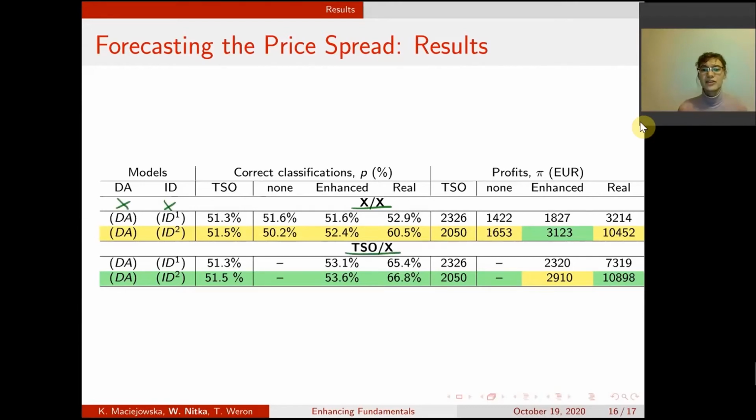However, we also considered the situation where we predict the day-ahead prices by taking the TSO forecast, instead of fundamentals from our models.